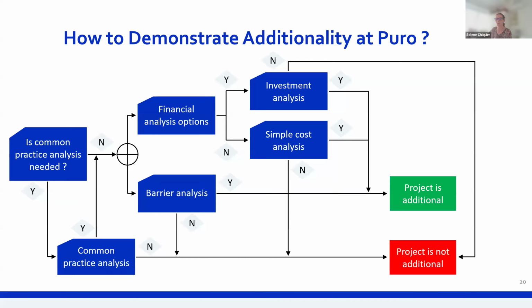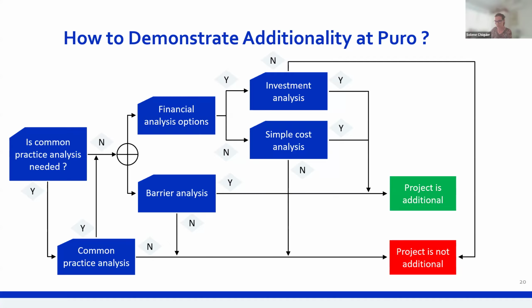So how does it work in practice? I will not go into the very details of that diagram, which may be a little bit complicated, but the idea is as follows. First, you need to check whether you need to go through that common practice analysis. For that, you need to check whether your technology is already mature, usually with a TRL of 8 or 9, and assess whether it is indeed widely used in the market.